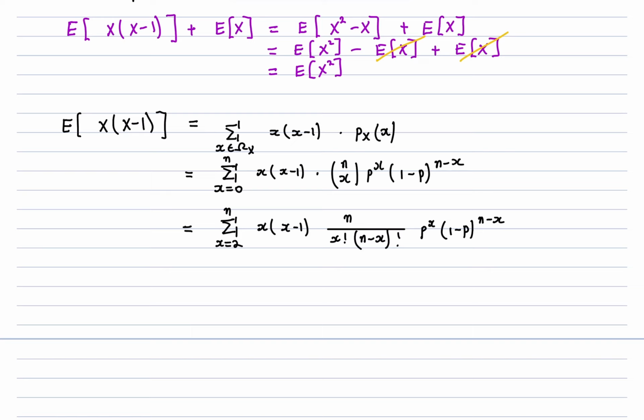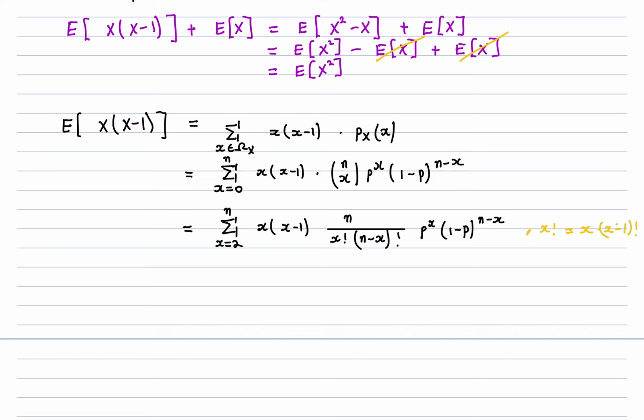So, once we've done that, we're going to use a very similar technique. The technique is going to be something like this. Before I make the substitution, X factorial, as we discussed, can be written as X times X minus 1 factorial.